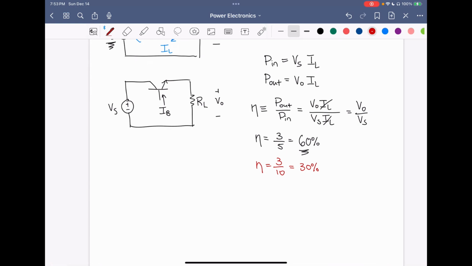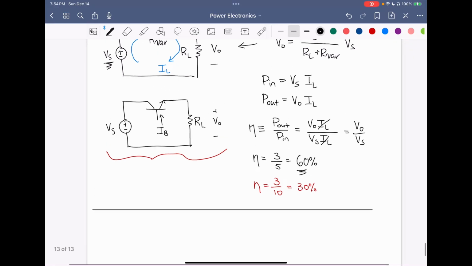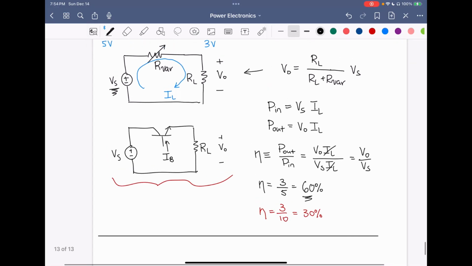So I'm going to show a very basic example now of a switching converter. And actually, it's the same topology as this circuit here, except we're going to operate it differently. Particularly, instead of operating the transistor in its region where it operates as a linear resistor, we're going to turn this transistor on and off completely.